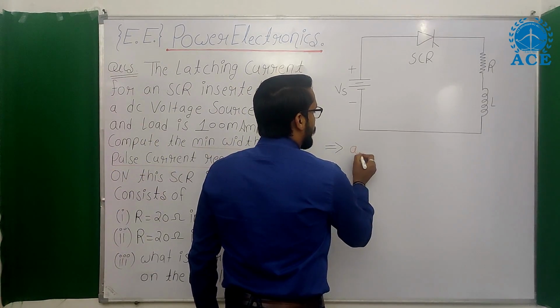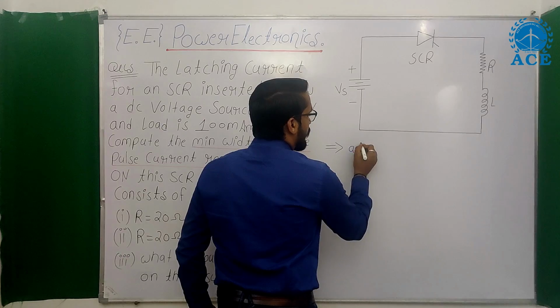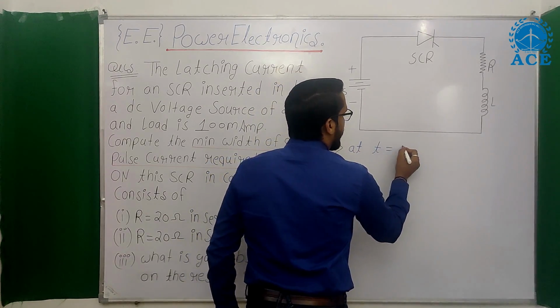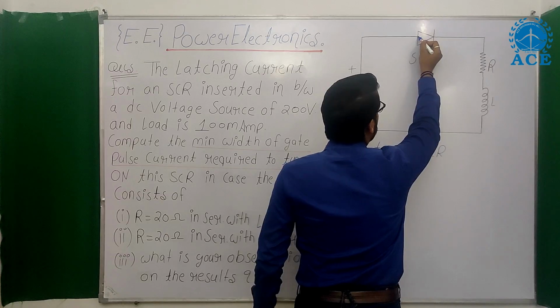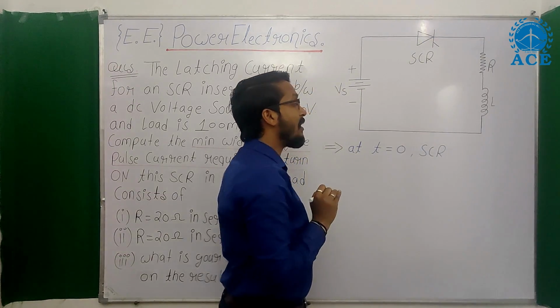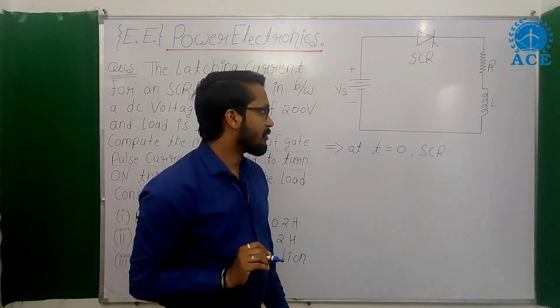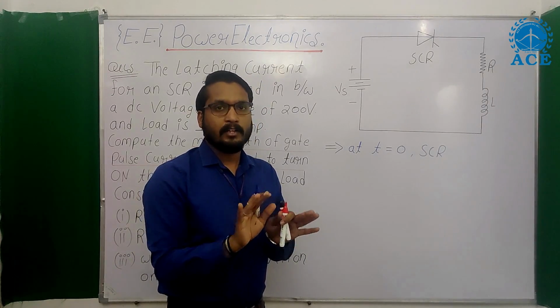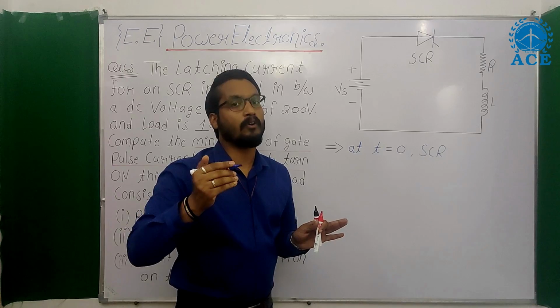Let us assume that at t equal to 0, I am giving the gate signal to the SCR. Then onward the SCR will behave as a short circuit, as there is no information related to the SCR in the on state.